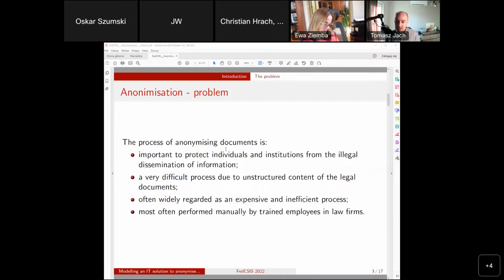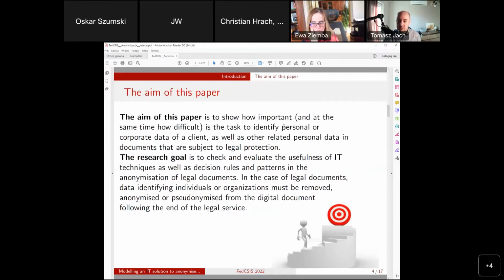And what's most important from this slide is that 95% of the time, even 100% of the time, it is currently conducted manually by trained employees in law firms. That introduces a lot of latency, a lot of time problems, and a lot of errors, as will be shown in the experiment section.